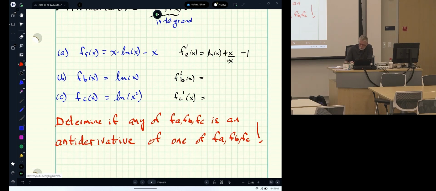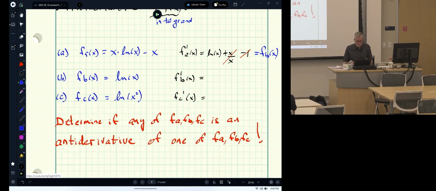And those two things cancel, and this equals f b of x. Hence, f a is an antiderivative of f b. You anti-differentiate the log and you get f a.